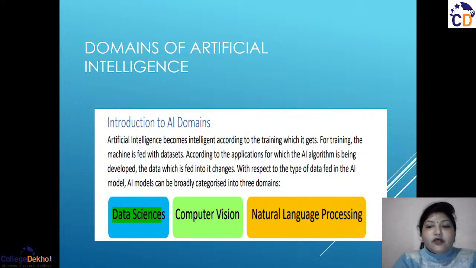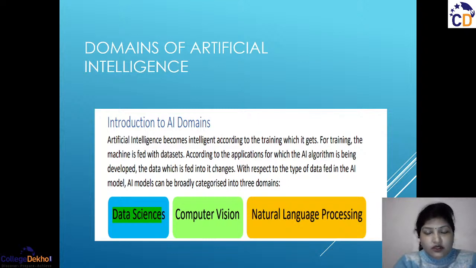If we are working on the types of images, the objects in an image, identifying the objects in an image, or some predictions or comparisons need to be made in the data set, then we might be using data sciences, right? So this is how AI domains are segregated into three parts according to the type of data they are going to use.